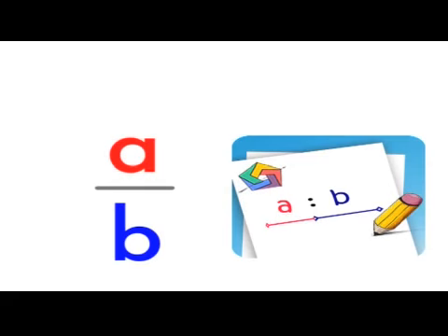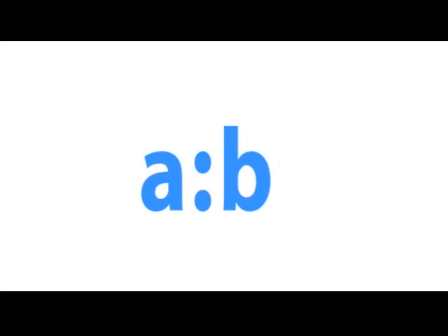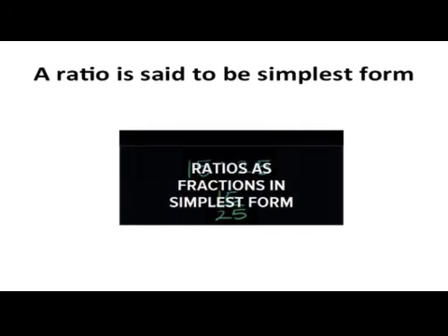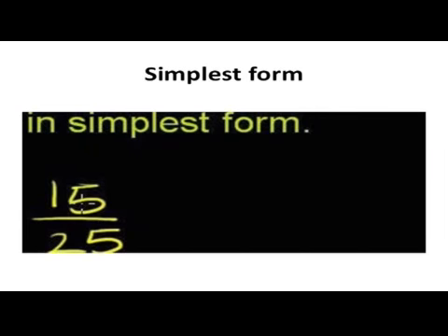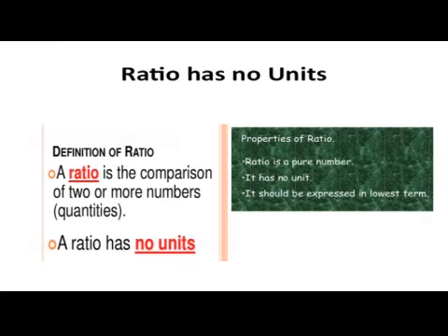A to B is a ratio A divided by B, and it can be written as A is to B. In the ratio A is to B, the first term is A and the second term is B. A ratio is said to be in the simplest form if the first and the second terms have no common factor other than 1. The ratio of two numbers is usually expressed in its simplest form. A ratio has no units in itself.